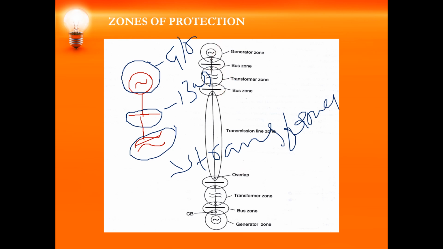That is because if we have a fault which has occurred somewhere at this point, neither the protection system of the generator nor the protection system of the bus bar will identify this fault, because you have restricted the protection to generator itself, you have restricted the protection to bus bar itself. That's why any fault which is occurring between generator and bus bar will not be identified by this.